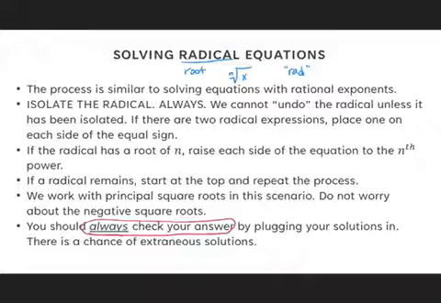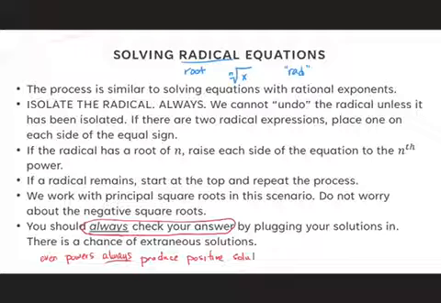And the reason for that is that even powers always produce positive answers. So if I square something, my answer should always be positive. If I raise something to the 8th power, my answer will always be positive. It doesn't matter if I'm using a positive number or a negative number, right?